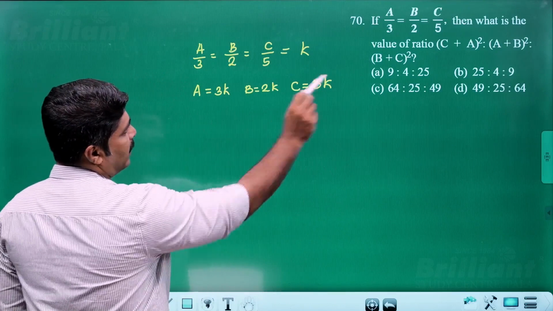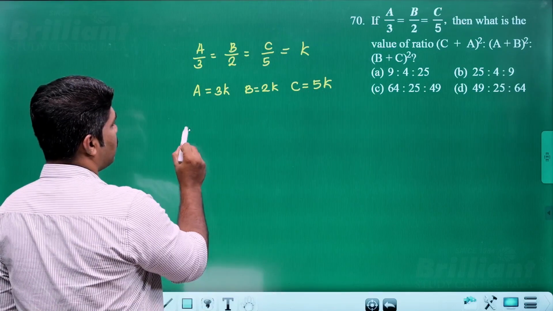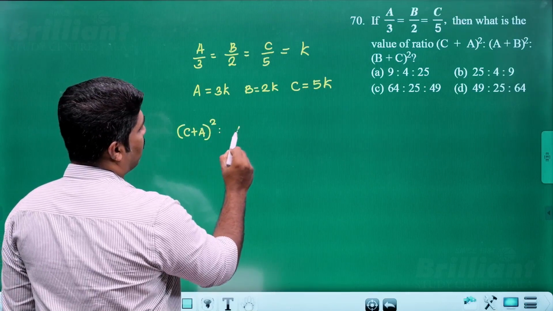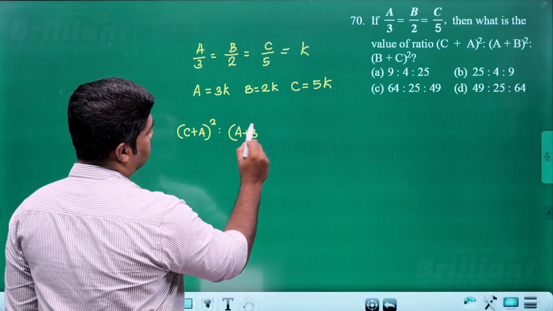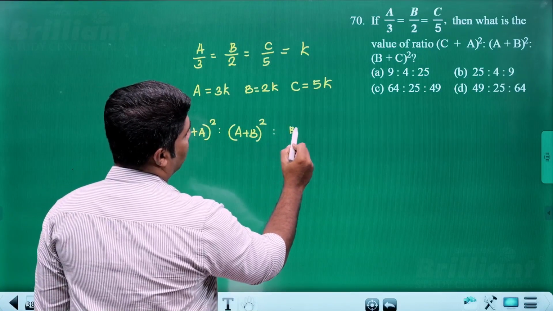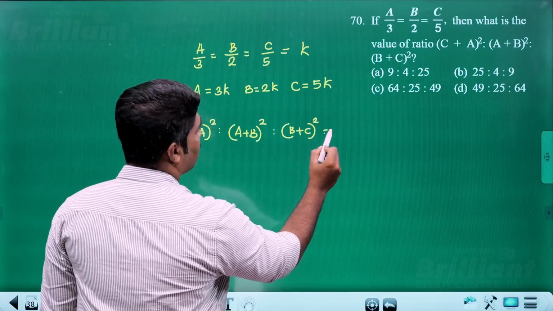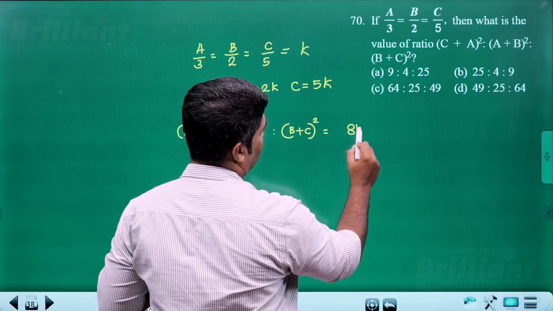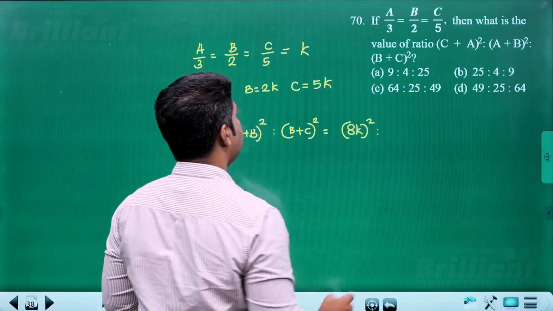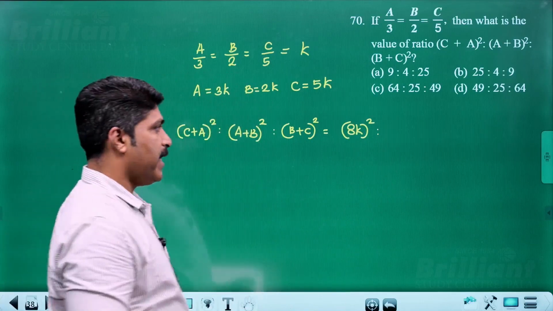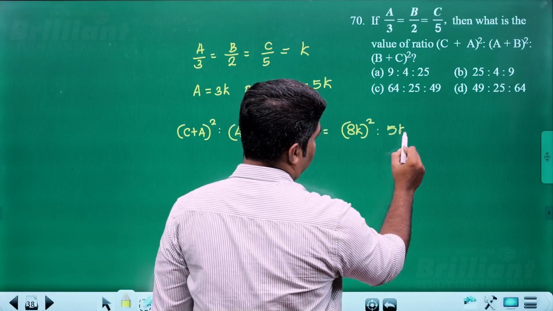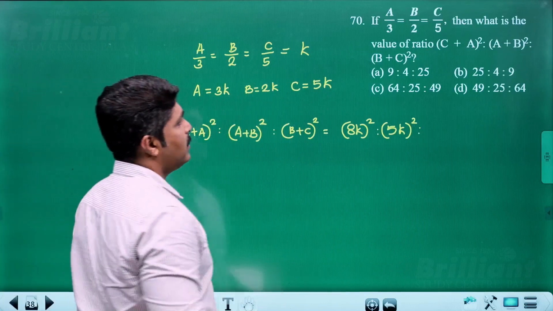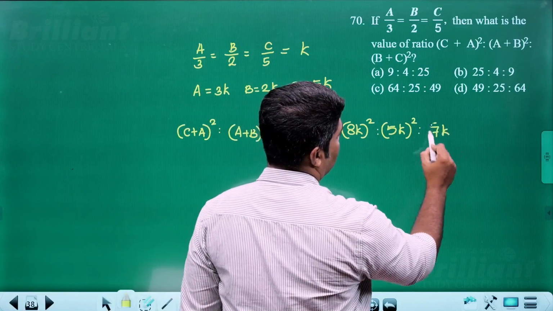Then you can substitute those values in (C plus A) the whole square is to (A plus B) the whole square is to (B plus C) the whole square. C plus A is 5K plus 3K, that is 8K the whole square, is to A plus B, 3K plus 2K, that is 5K the whole square, and finally B plus C, 2K plus 5K, that's 7K the whole square.